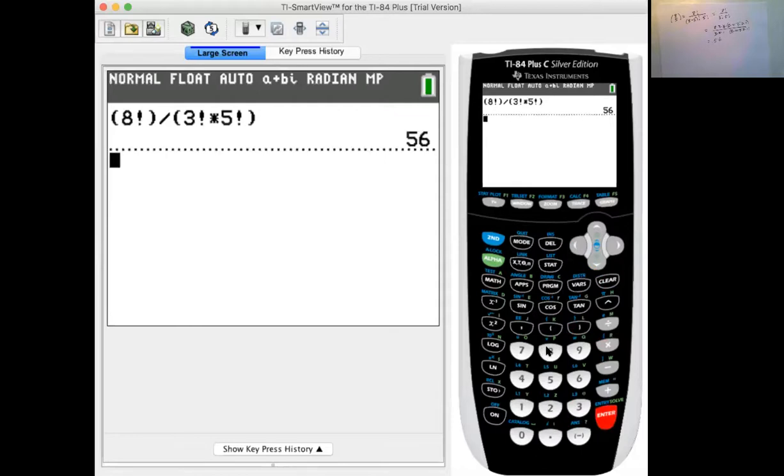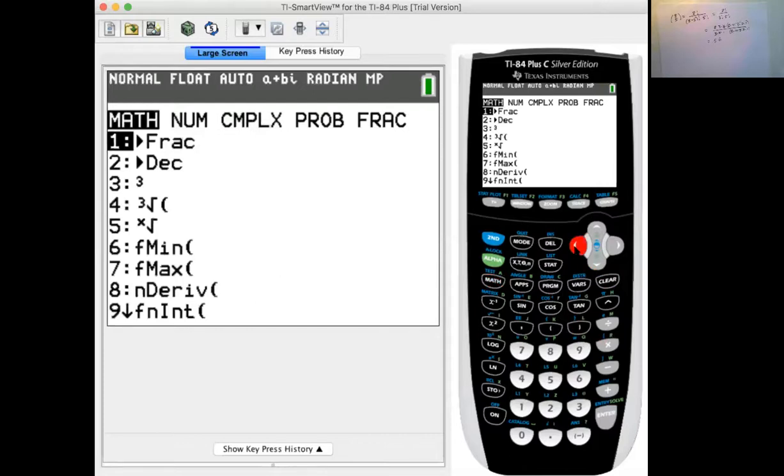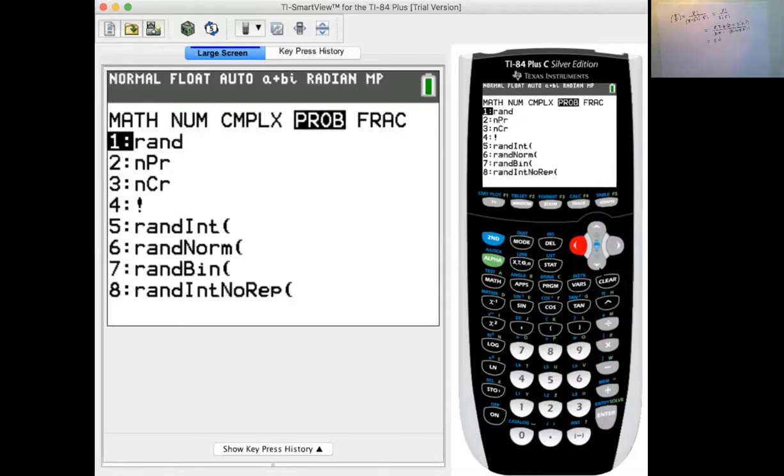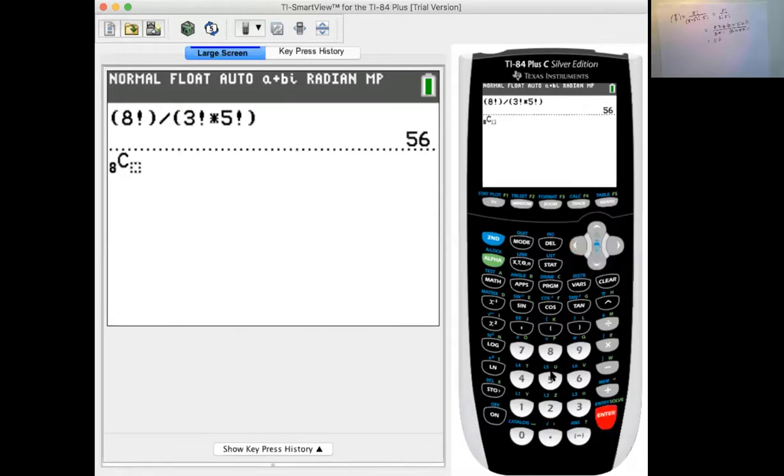Watch. 8 choose 5. 8 math probability. The combination is number 3. 8 choose 5, written that way on this version of the calculator. 8 choose 5 gives us how much? Gives us 56.